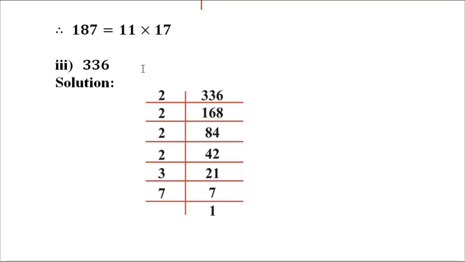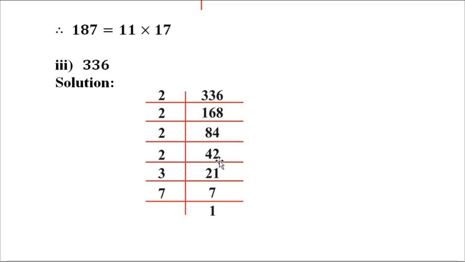Since 336 is an even number, it is divisible by 2. If I divide 336 by 2, we get 168, which is another even number. Dividing 168 by 2 gives us 84, another even number divisible by 2. If I divide 84 by 2, we get 42.